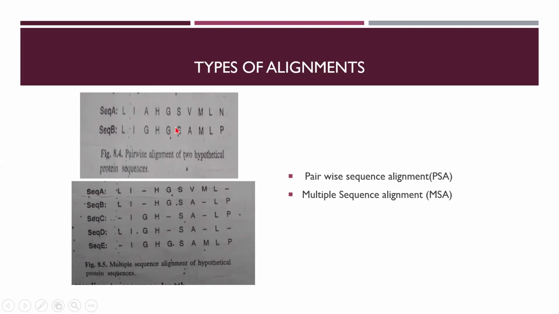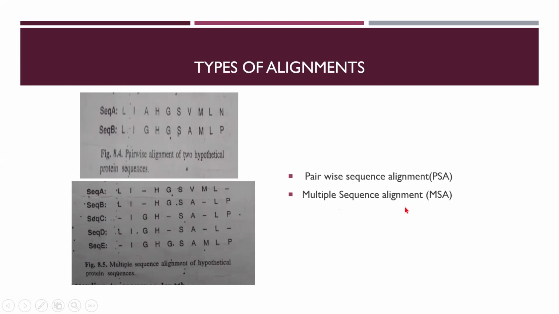What is pairwise alignment? The alignment in which only two sequences are involved. Why do we do it? Obviously, to find out the regions of similarity and dissimilarity, by which we can understand the evolutionary history of these sequences. So this shows the pairwise alignment of sequences wherein two sequences are involved.